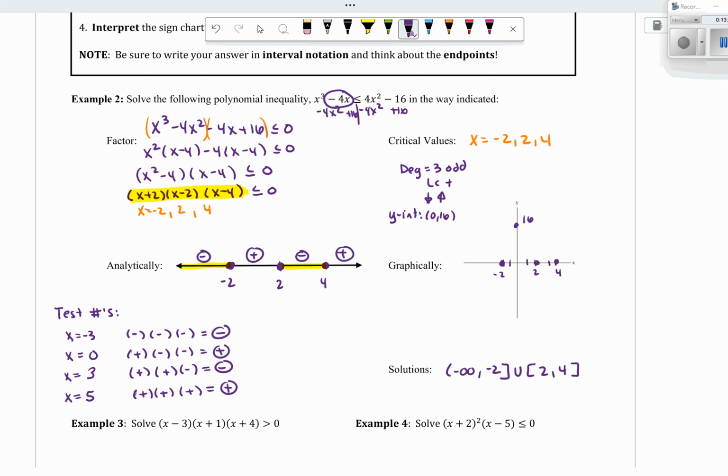And so the graph will cross through here, and then you'll notice that it is crossing at 2 and at 4. So this is just a sketch of our graph. And again, we're looking for where the values are negative. So here and here.